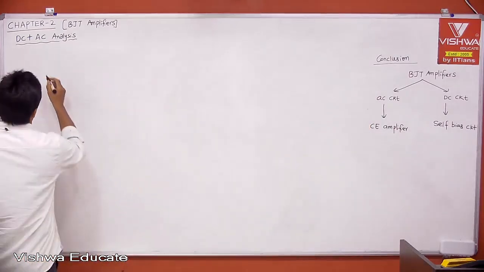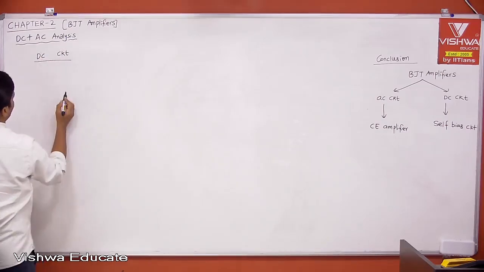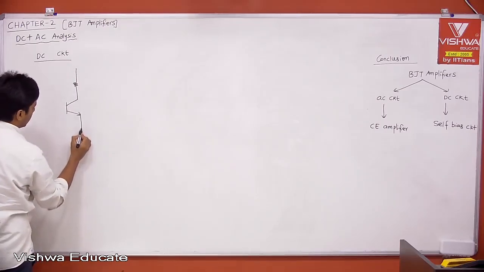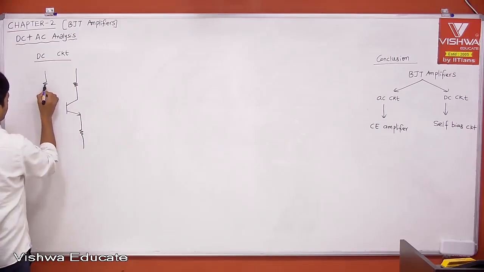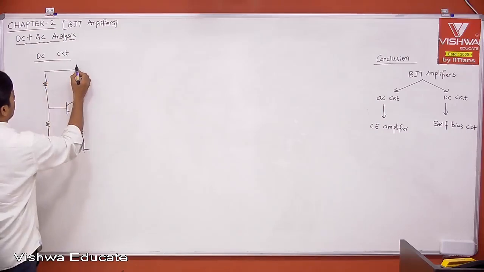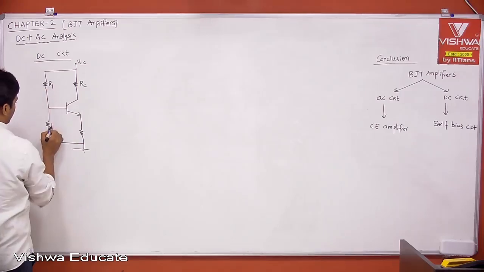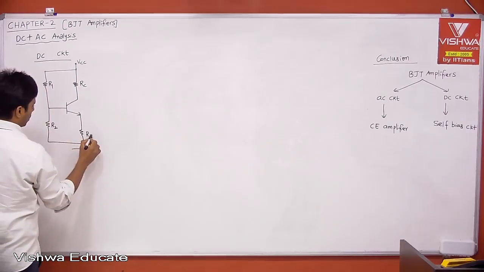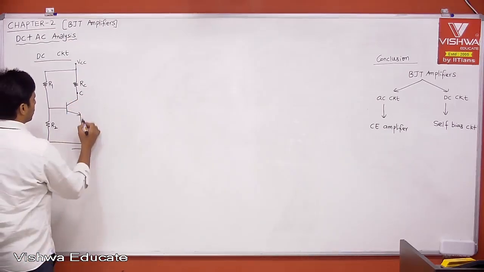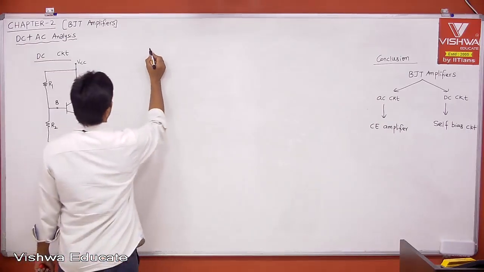Now, listen. I am starting from the DC circuit. This is our DC circuit. What is the DC circuit? Self-bias circuit, right? This is our self-bias circuit. Collector, emitter, base. Then what is the AC circuit?